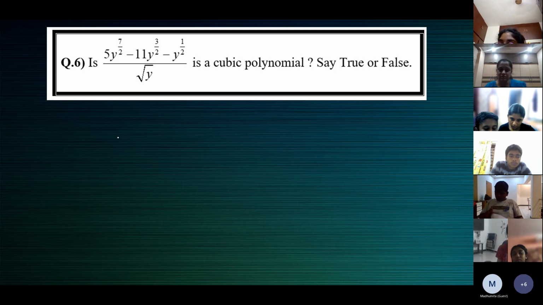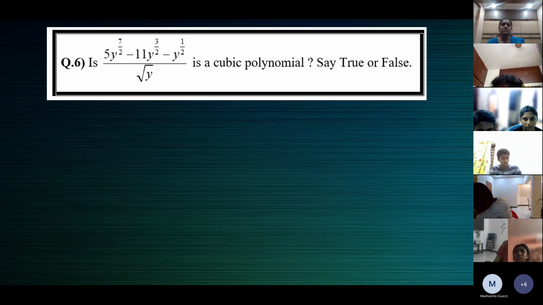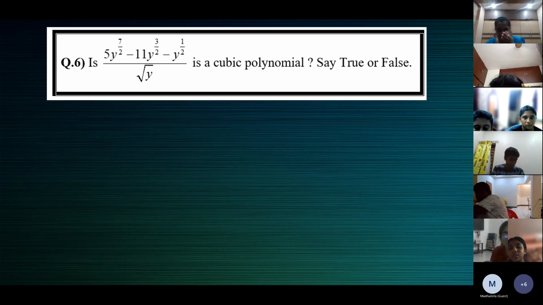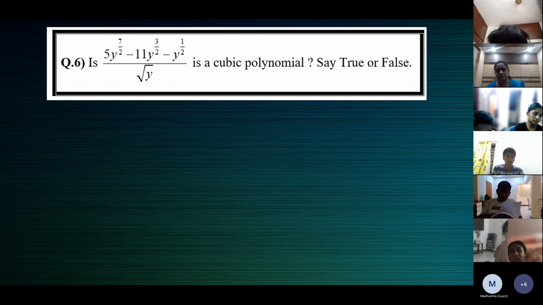Because there are 3 terms? If there are 3 terms, it's a trinomial.